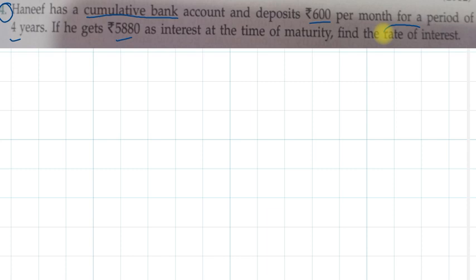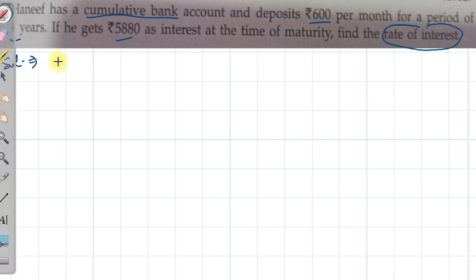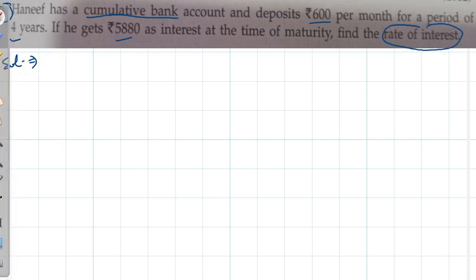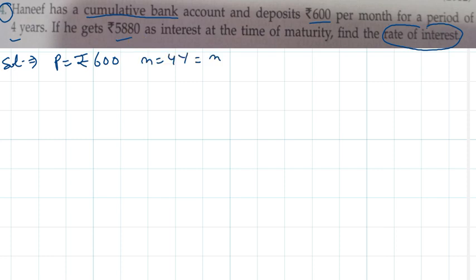Again write what has been given. Principal is rupees 600, N is 4 years, so we will convert it into months. 4 into 12 equal to 48 months.